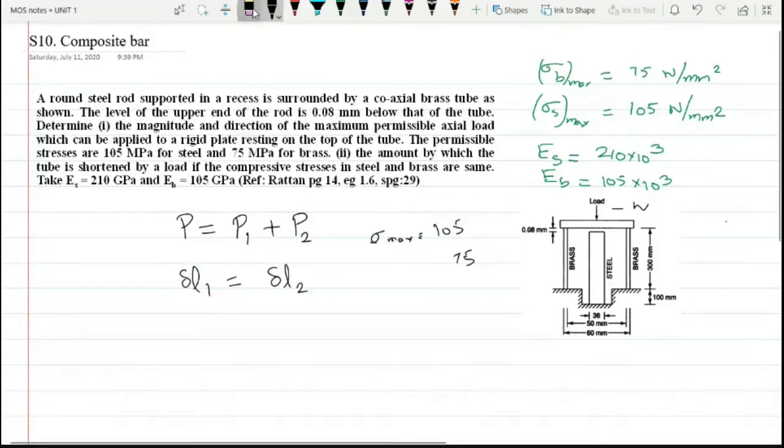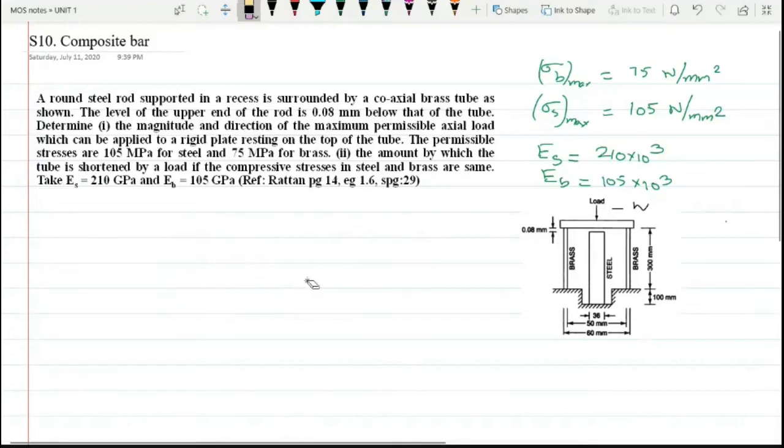So first, let me consider: what is the maximum stress for steel and what is the maximum stress for brass. The maximum stress for brass is given, which is 75 megapascal. You know that 1 megapascal is 1 Newton per mm square.